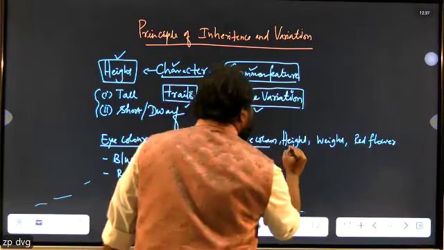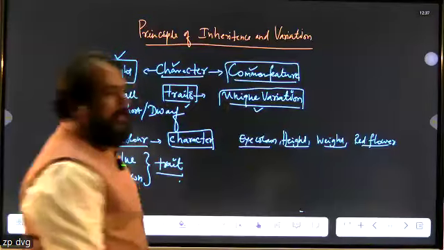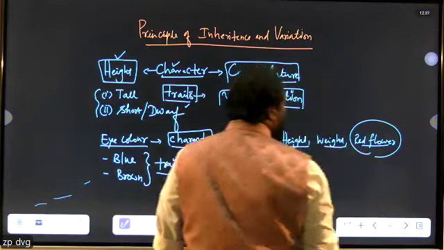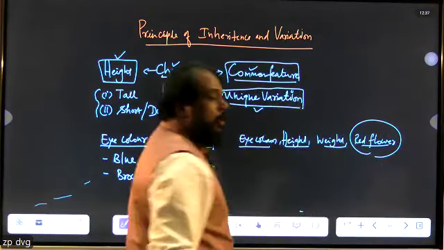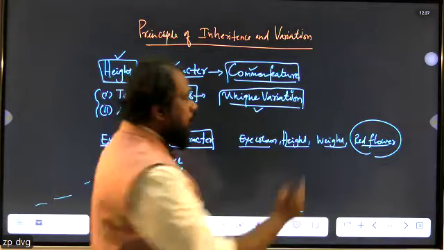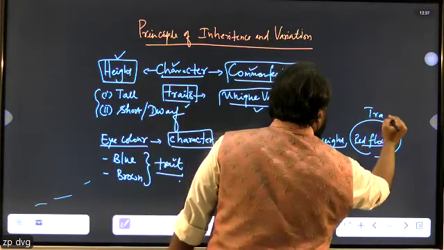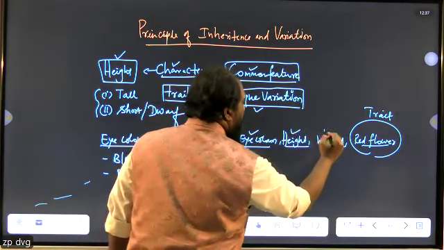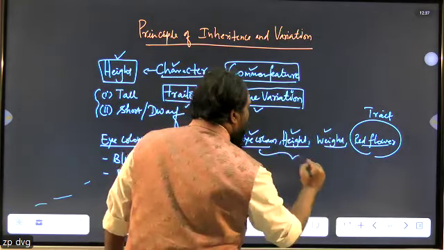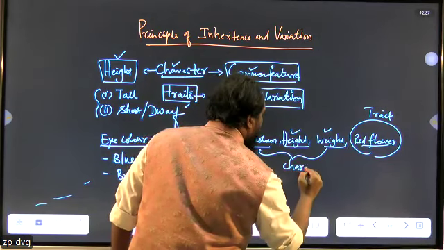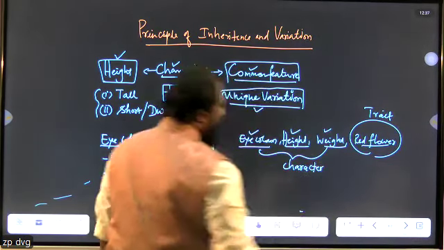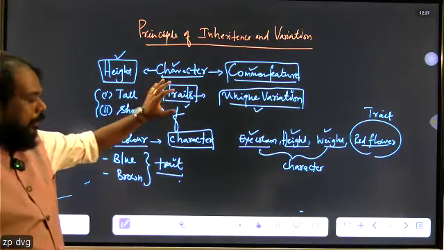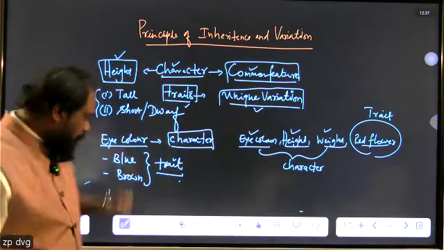Now, out of these, which is a trait? Obviously, red flower is the trait, because it specifically talks about the color of the flower. Now, what are eye color, height, weight? They generally talk about a feature, so they are considered to be characters. Hope you understand. So a character is a common feature. A trait is a unique variation. Clear?